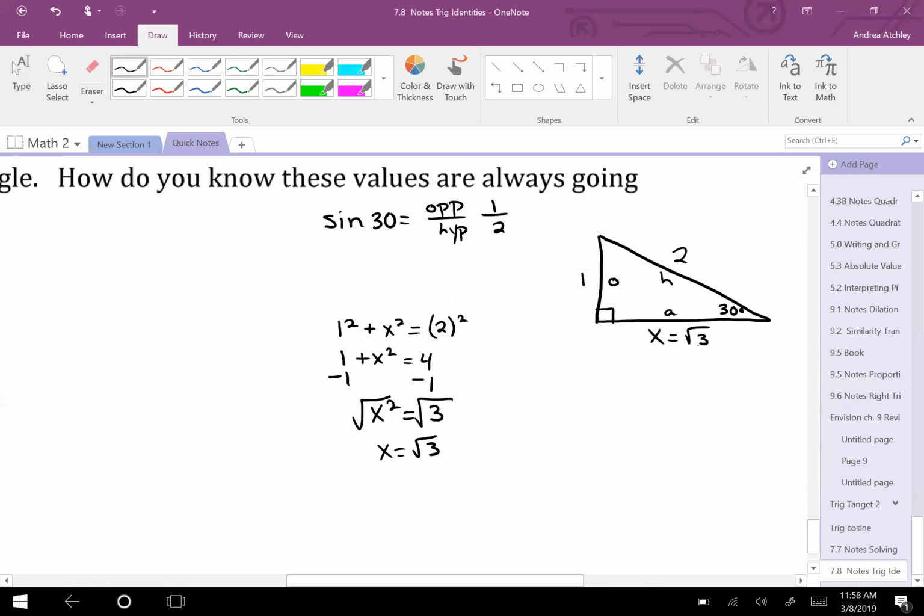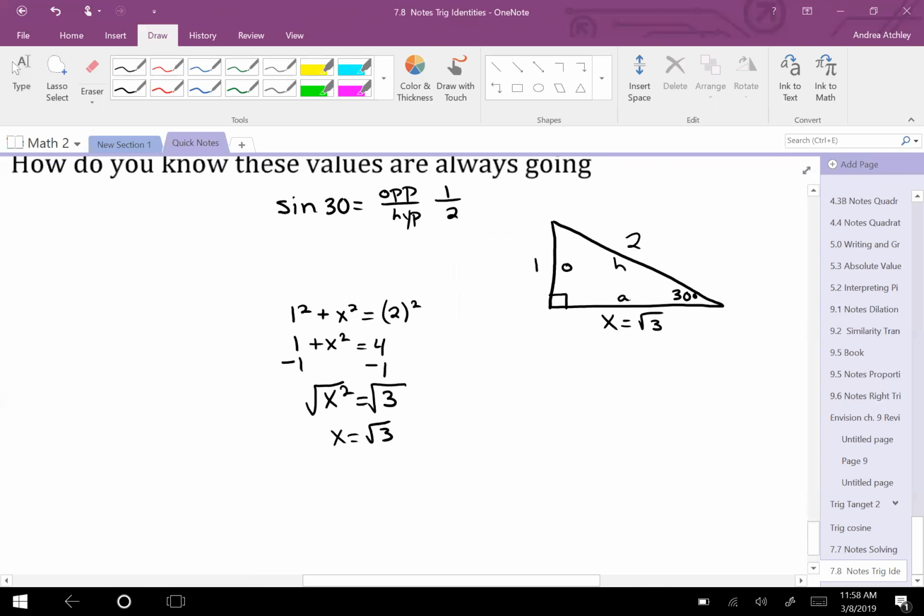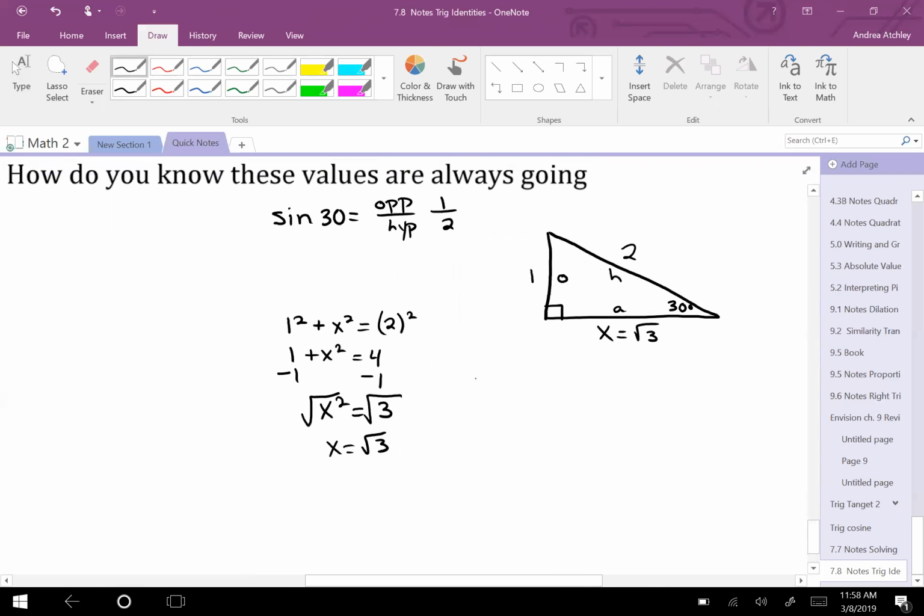Any questions over that? So now I can find all of the missing sides, or all the missing ratios. So I have the sine of 30 equals 1/2. The cosine of 30 is going to equal square root of 3 over 2.